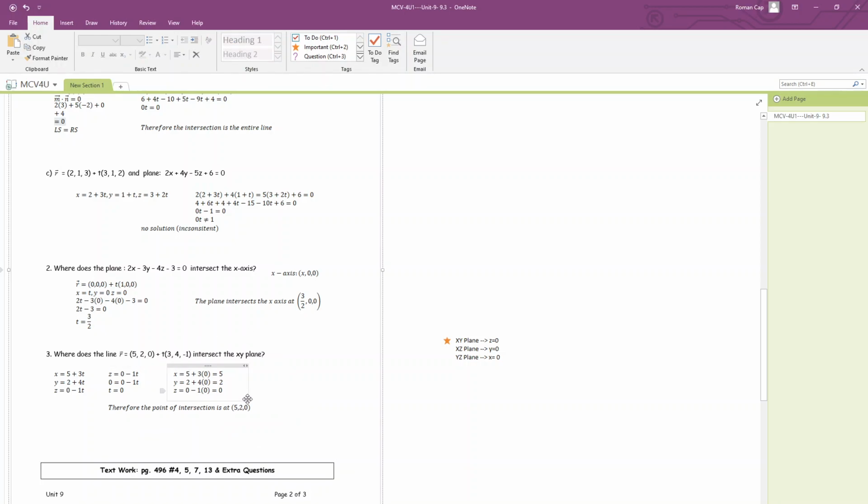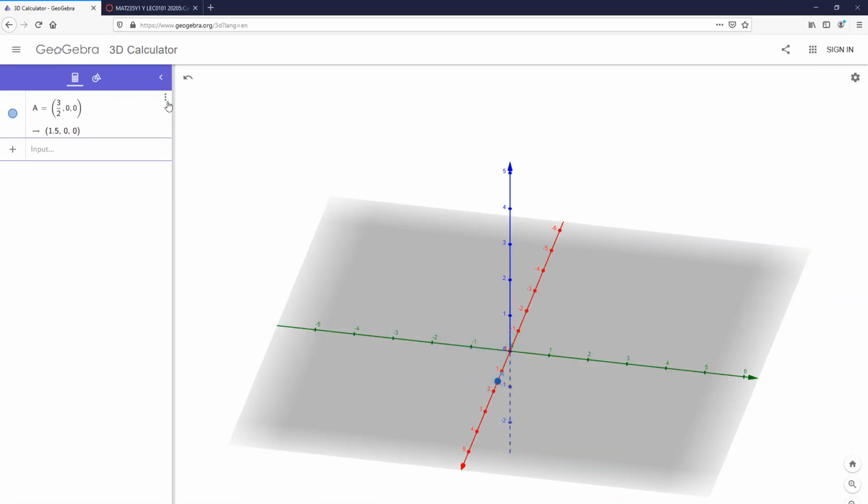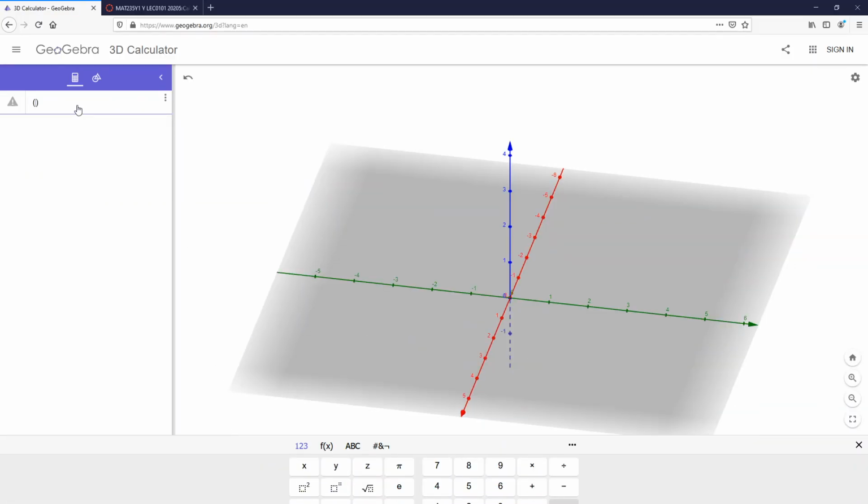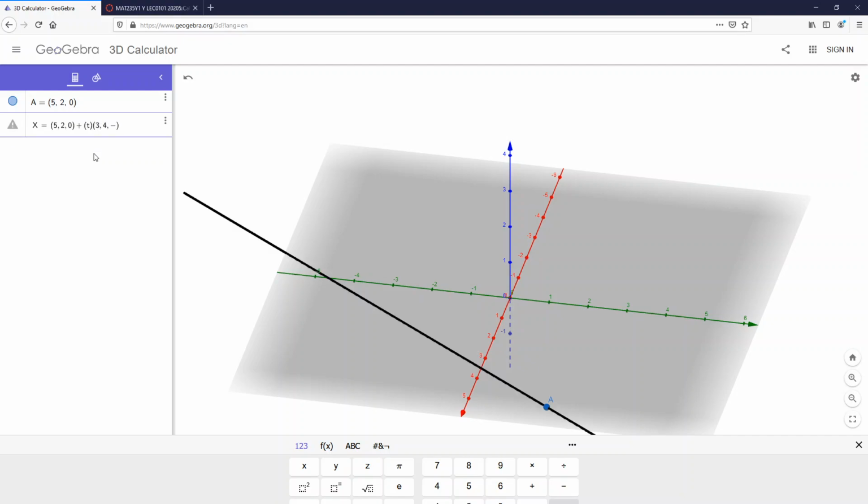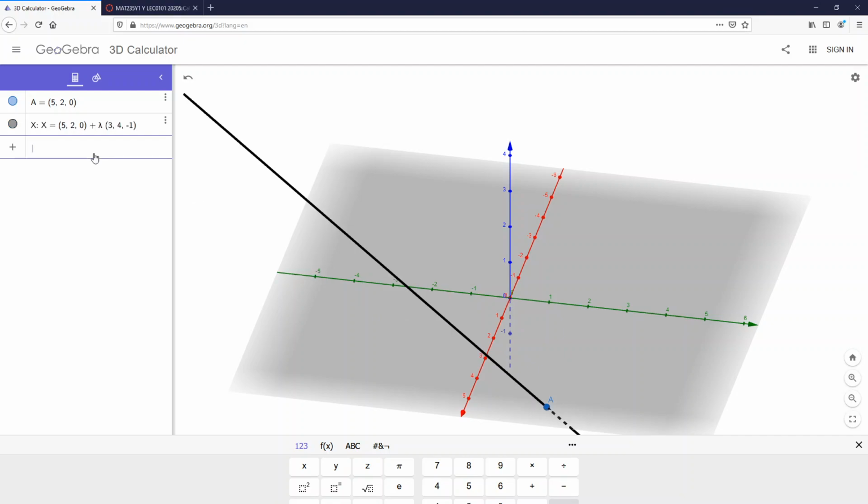So let's just graph this to see if we're going to understand this. Here we have 5, 2, 0. There's the point, and then the vector equation, which is 5, 2, 0 plus t 3, 4, -1.